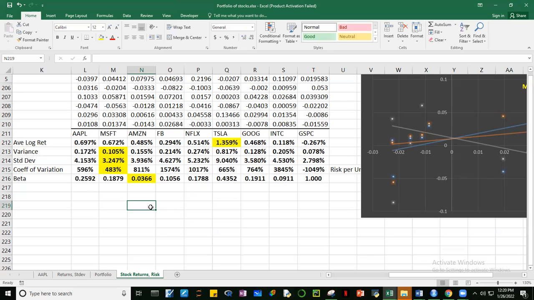So pwedeng yung portfolio natin, so for example, we have Apple and Microsoft, Amazon. If we have a portfolio of these 3 stocks, pwede yung return ng portfolio na yan mas mababa dun sa pinakamataas dito. If Apple was 0.697, maybe ang return nitong portfolio natin na 3 stock na to will be less than 0.697, but it will be higher than some of these stocks.